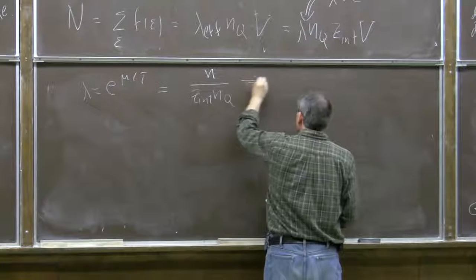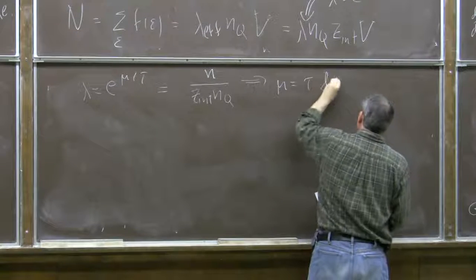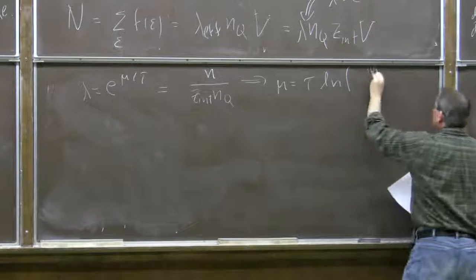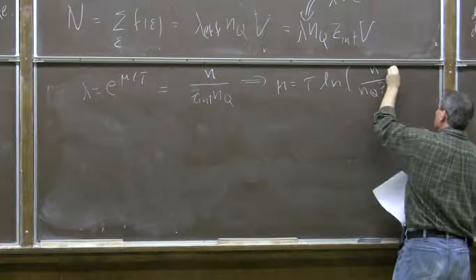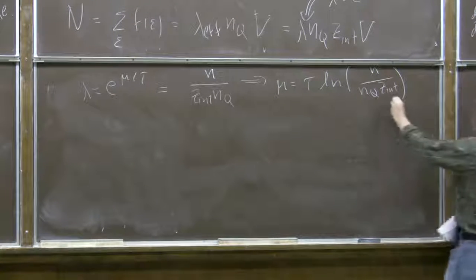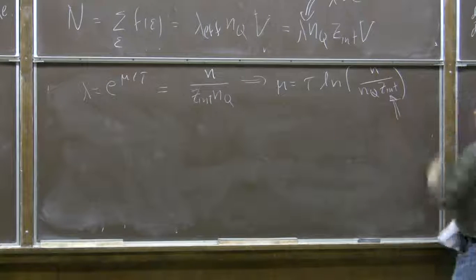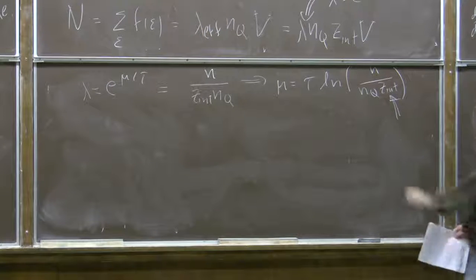And then if I take logs, mu is equal to tau times natural log of n over quantum concentration times Z internal. That's the formula that we had before, except now with this additional internal partition function contribution because it's a molecule rather than a single atom in the orbital.